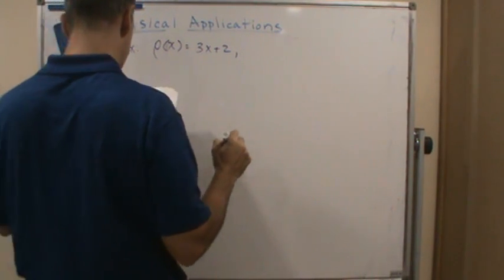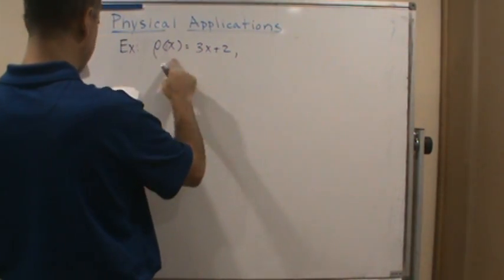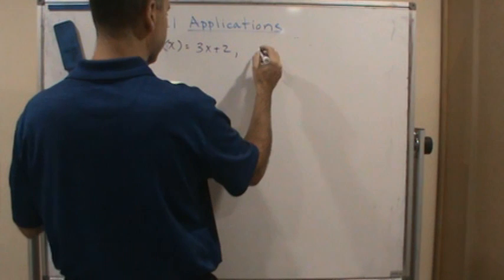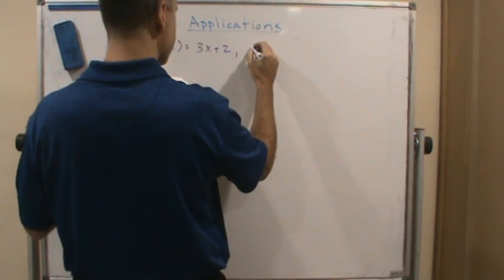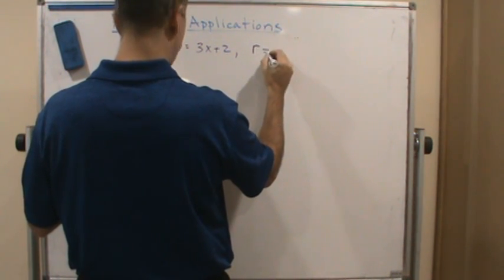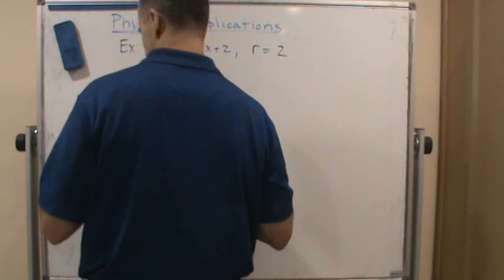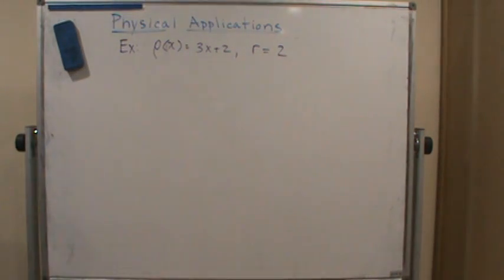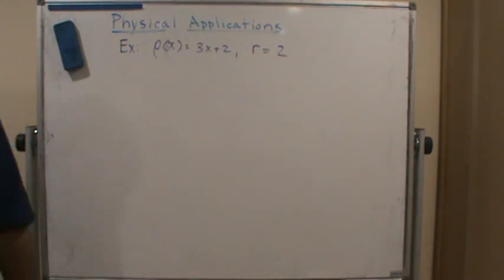And let's say this represents the radial density. And we want to calculate the mass of a disk when the radius is 2. So go ahead and work that one out. And again, leave it as an exact answer. Don't put it in your calculator, and then make sure you simplify it completely.